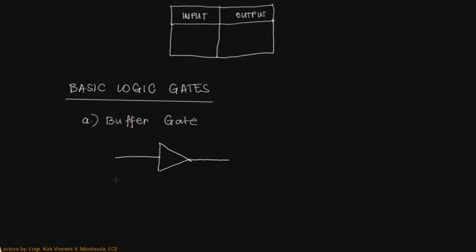Let's say the input is A, and it has an output of F. So the Boolean or mathematical expression of this buffer gate is, we are taking the output F based on the input A. So this F is equal to A.